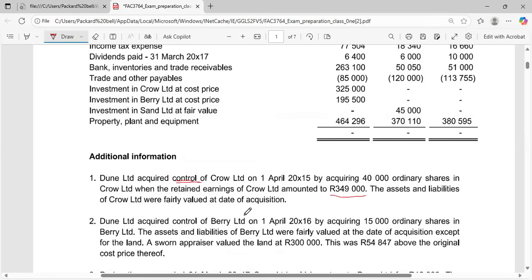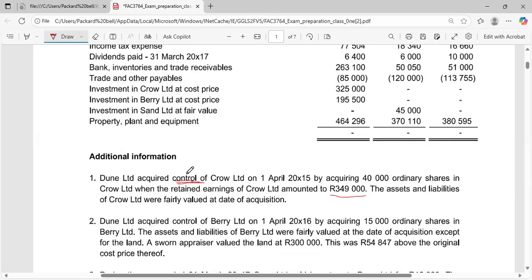The assets and liabilities of Crow Limited were fairly valued at the date of acquisition. The keyword is here. This is a word that tells you whether you are going to use IAS 28 or International Financial Reporting Standard 10.